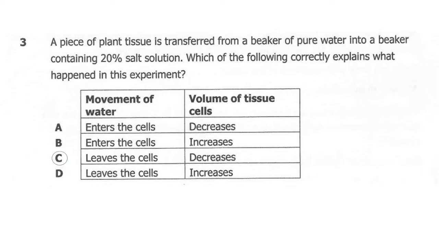But once we put it into a beaker containing 20% salt solution, meaning that it has got more salts outside, so it is in a hypertonic solution. So therefore water will leave the cell by osmosis, and as water leaves the cell, the volume of the tissue of the cells will then decrease. So the correct answer here is C. Well done. We move on to the next question.